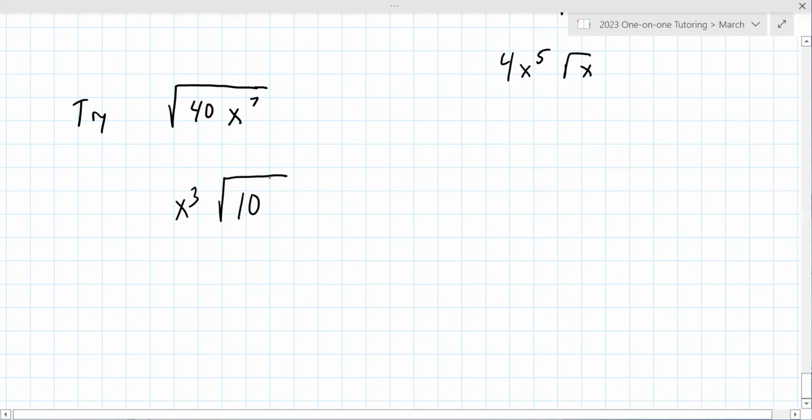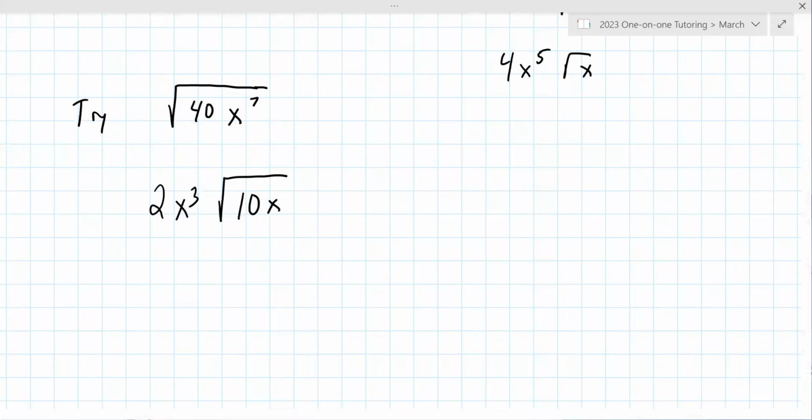Anything else? There's some things missing. 10x. Okay, anything on the outside? Any numbers? 2. Yes. There it is. Good.